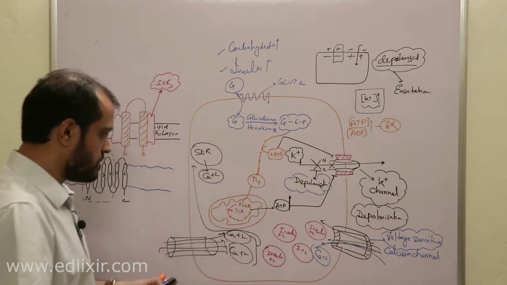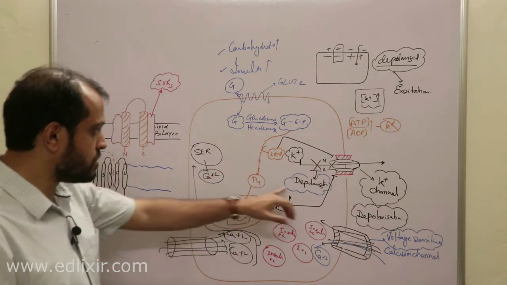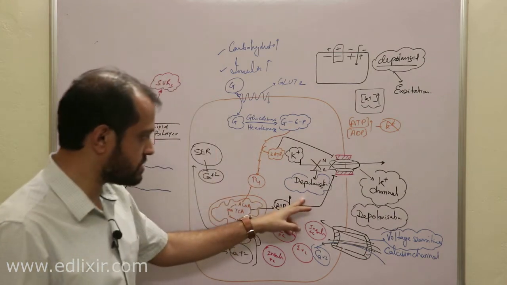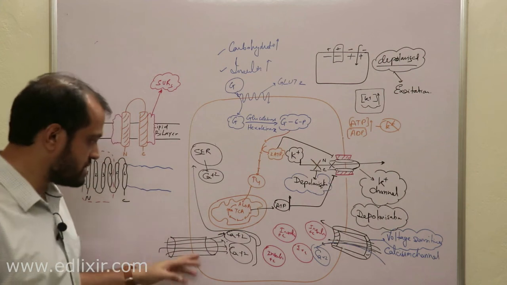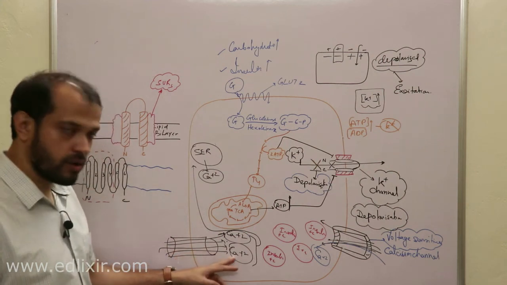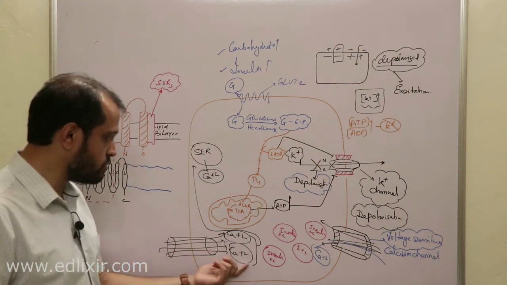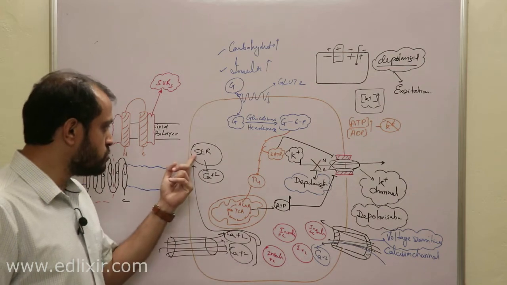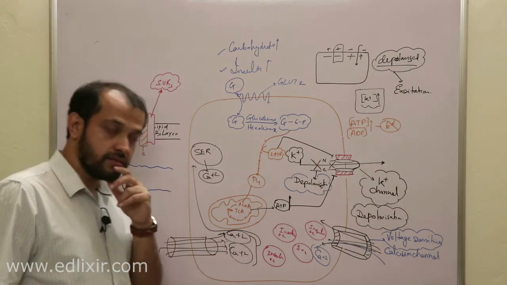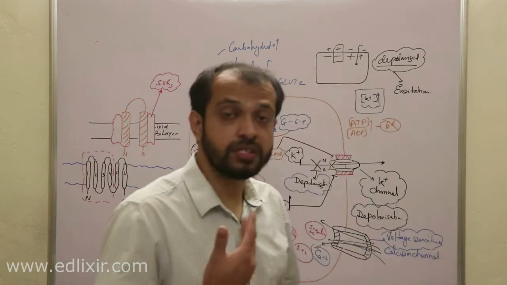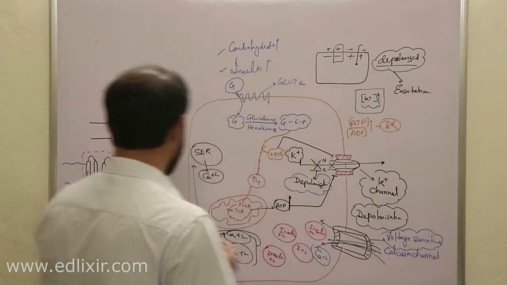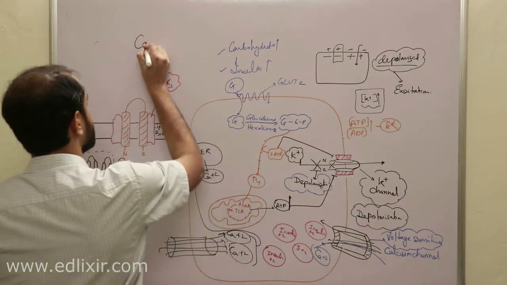Now listen, due to depolarization, the voltage sensitive calcium channel opens, and when this calcium channel opens, more and more calcium enters the cell, and due to this, the smooth endoplasmic reticulum now starts calcium release. This is called calcium induced calcium release.